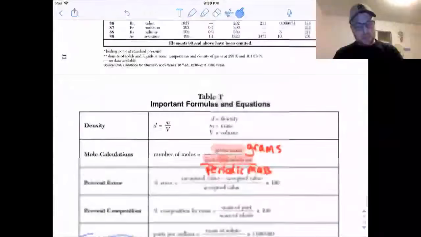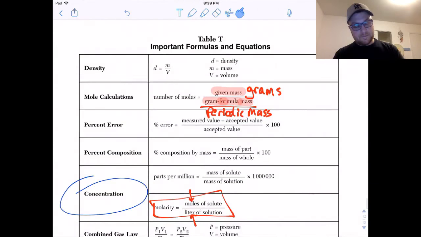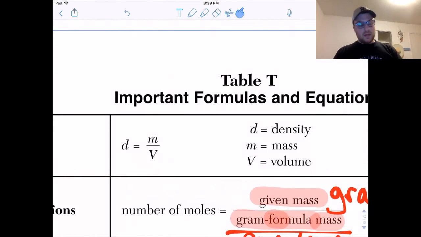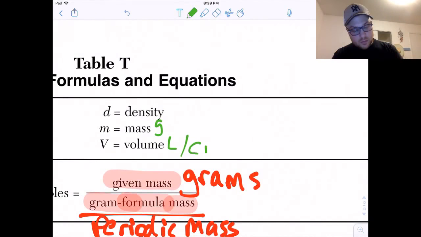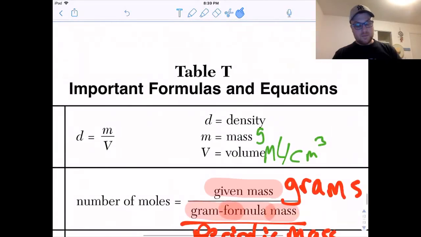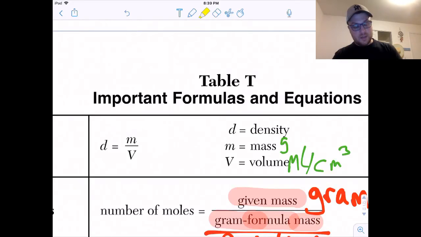Use the equation given, or draw the lovely density triangle, which I'm not a fan of because I don't like tricks. I would prefer that you did some algebra, but no, mass is up top. So you don't even know the triangle that well because I hate it so much. But kids like it, so mass, volume, density. That should be it, right? Yes.